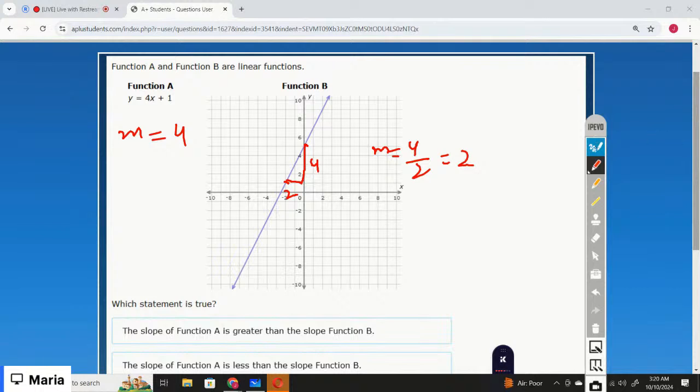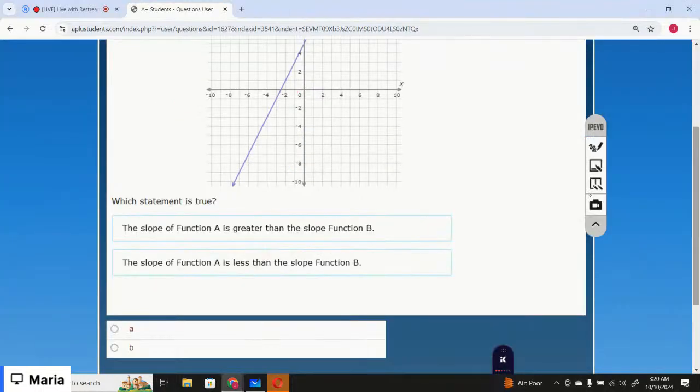Yes, that is, the slope of function A is greater than the slope of function B. So option number A is the correct option. Got it, everyone?